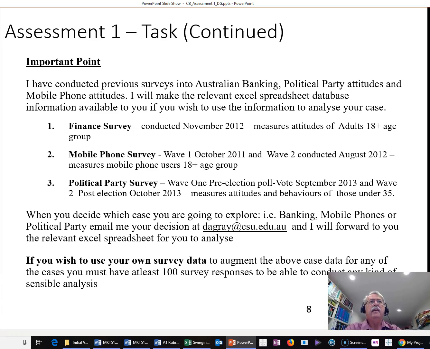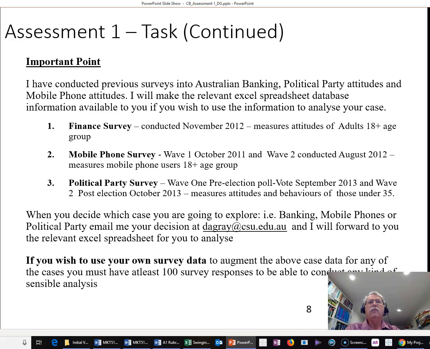The important point to note, right? As I said, the finance survey, the mobile phone survey, and the political party survey, I have data collected for all of these 3 industries. The finance survey was conducted in November 2012. The mobile phone survey, there are 2 waves, one conducted in October 2011 and wave 2 conducted in 2012.